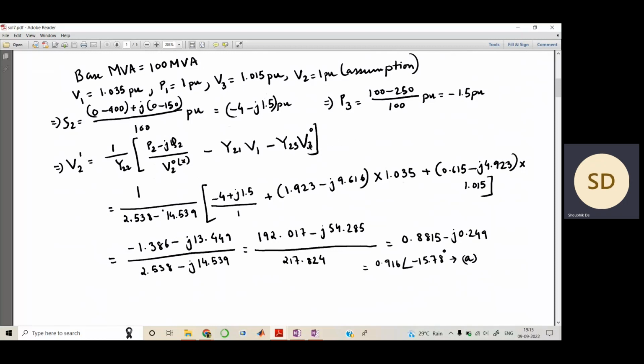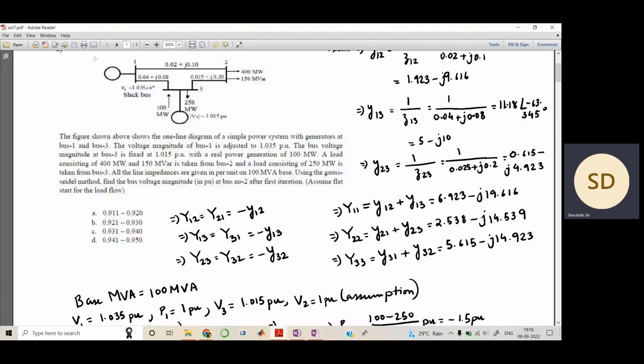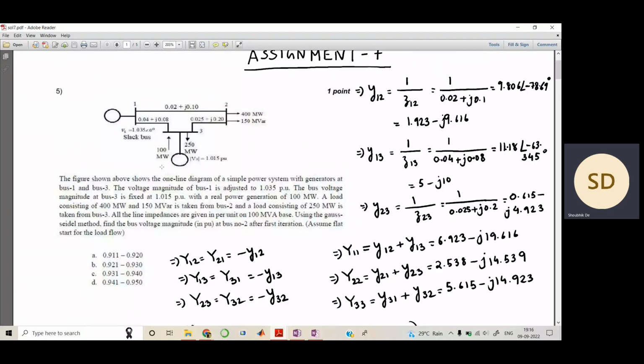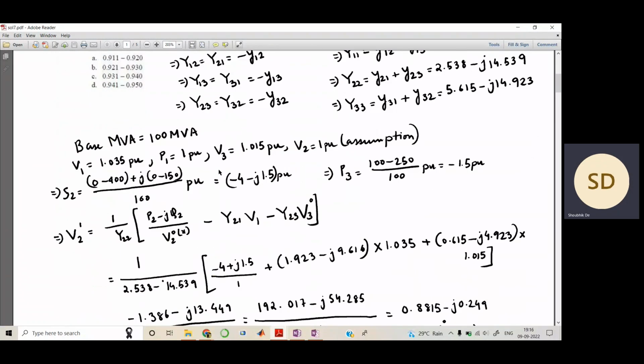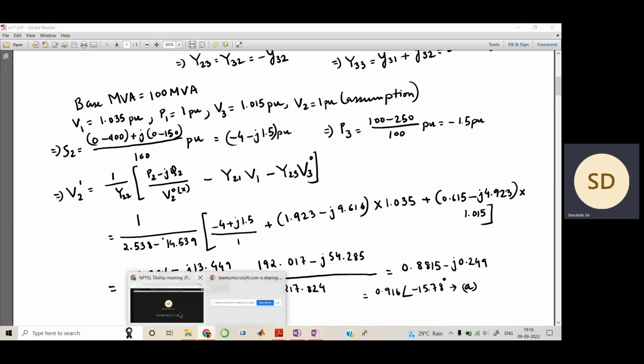When calculating this, you would require the bus voltage at bus 3 after the first iteration, so this would be Y23 and your superscript would be 1. This V1, we won't do anything with it, because as you can see in the diagram, it has been considered as a slack bus. So we don't need to do anything. It is as per the convention.